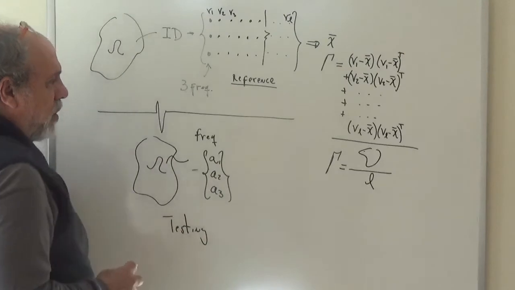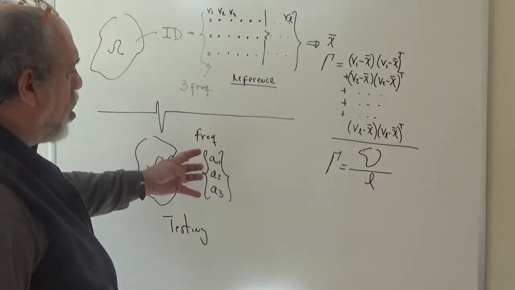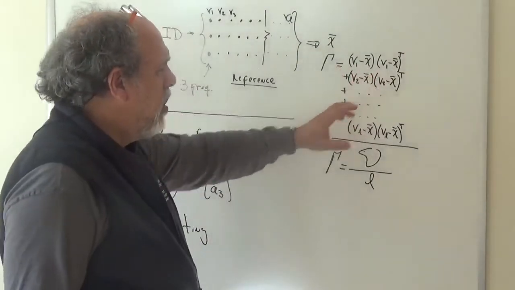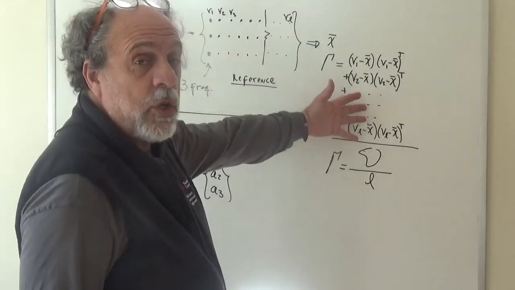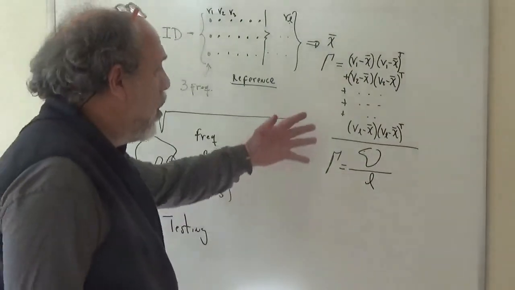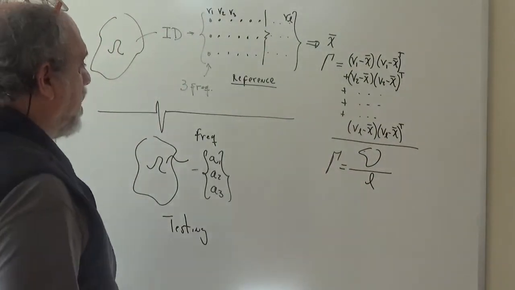Our question is, are these three frequencies logical for that model or not? Do they look like they could be reasonably coming from this model or not? Then we do as follows.